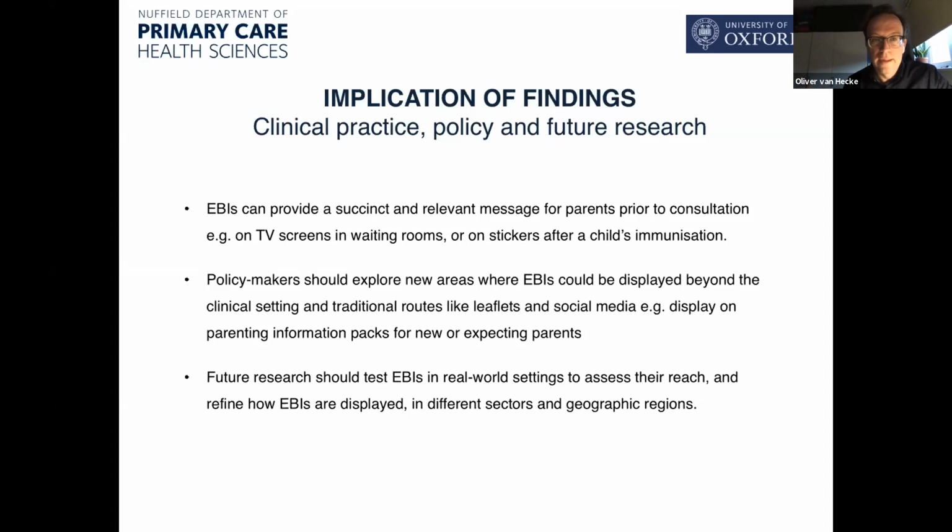For example, you could put these infographics on TV screens in waiting rooms or on stickers after a child's immunization. The EBI can bridge this gap by providing a succinct and relevant message for parents prior to the consultation.